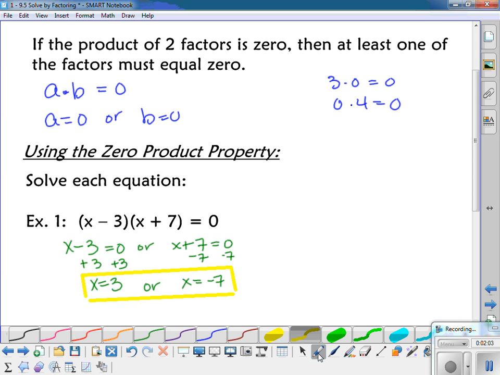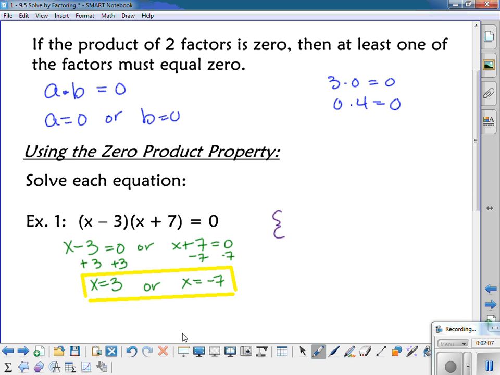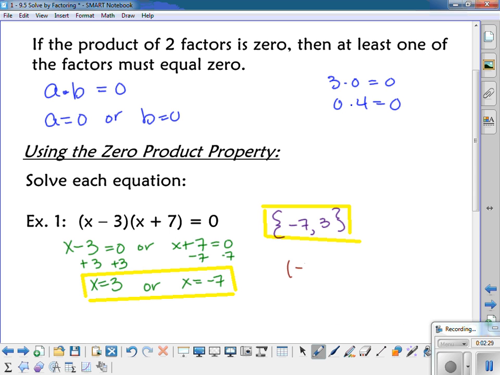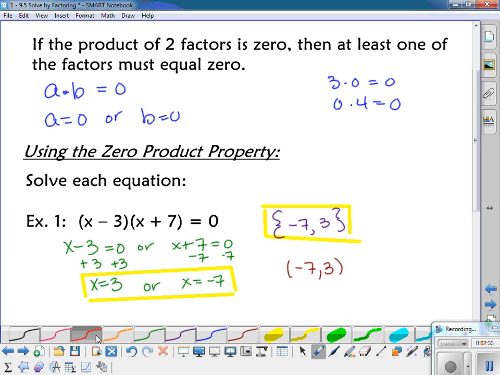So you can write your answer that way. You can also write your answer in braces, like that. Negative 7 and 3 as an answer set. You can write it like that. But what I do not want you to do, the way you do not write it, is like an ordered pair. Okay, that is a specific point on a graph.